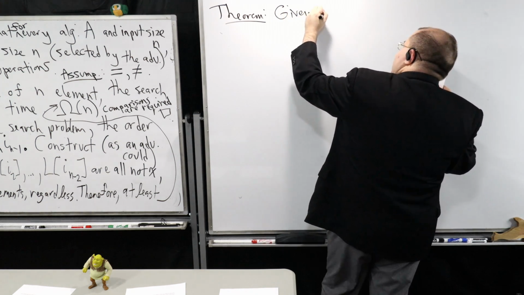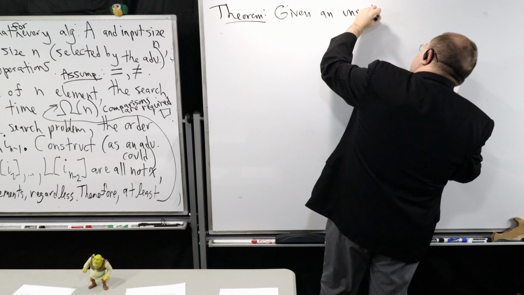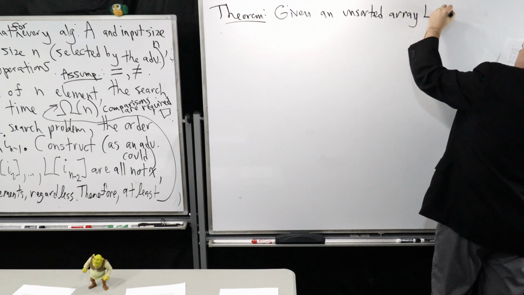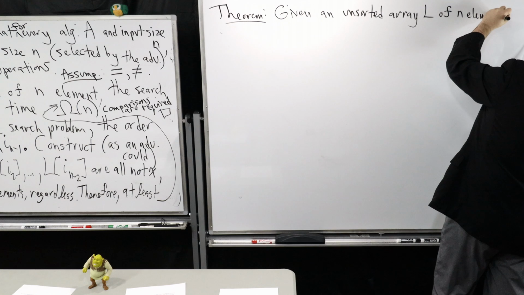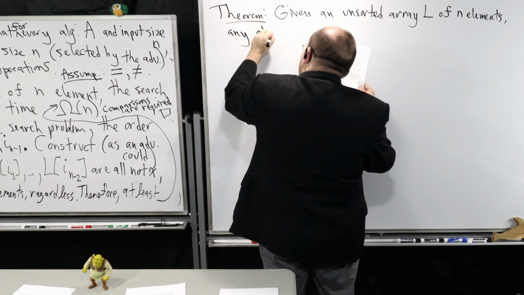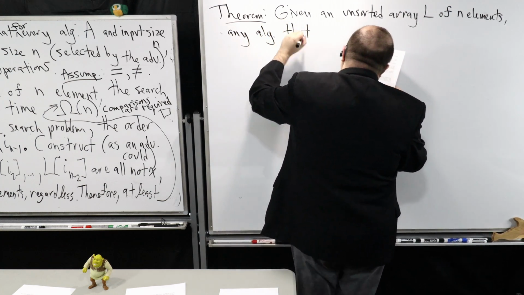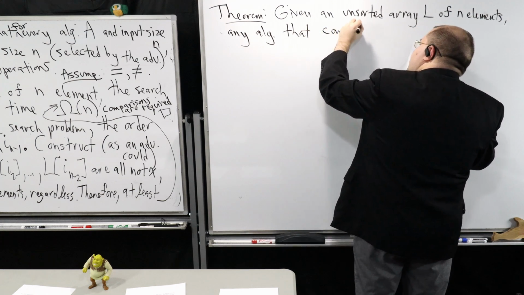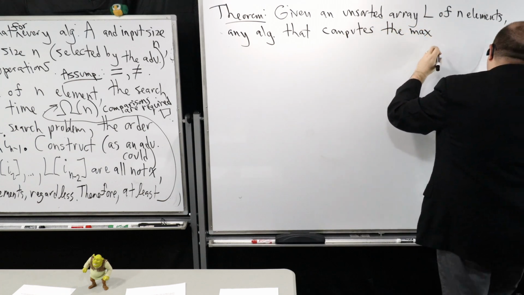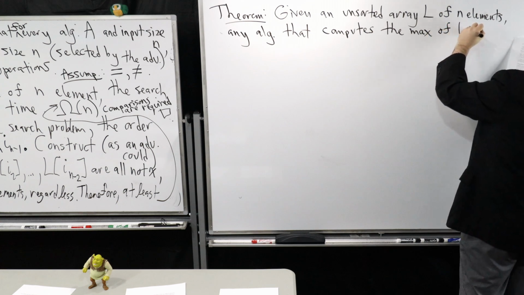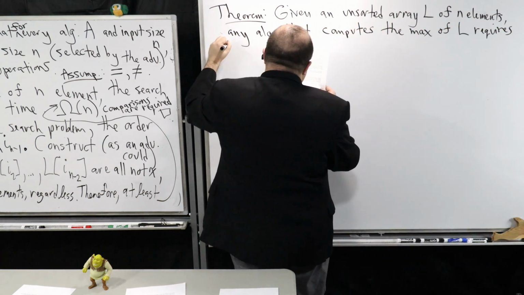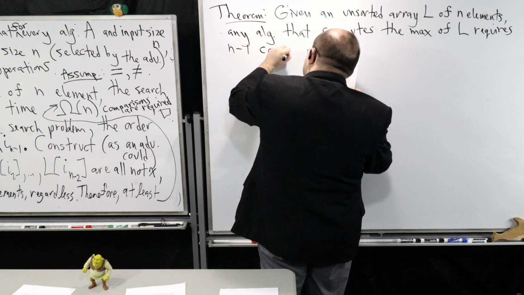Given an unsorted array L of n elements, any algorithm that computes the max of L requires n minus 1 comparisons.